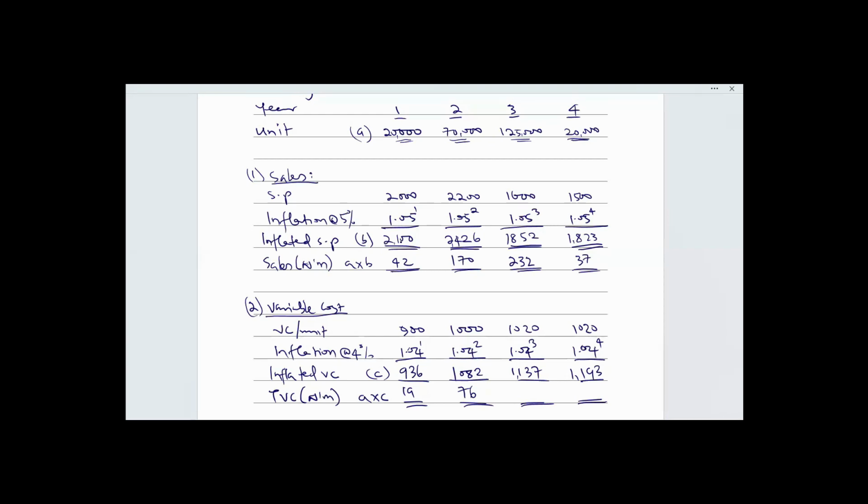Abu, are you still there? Yeah, I'm here, sir. Wilson, next. 142 million. Yes. Year 4.